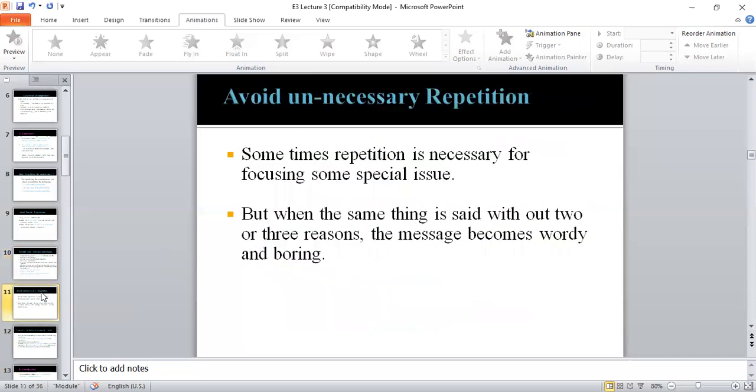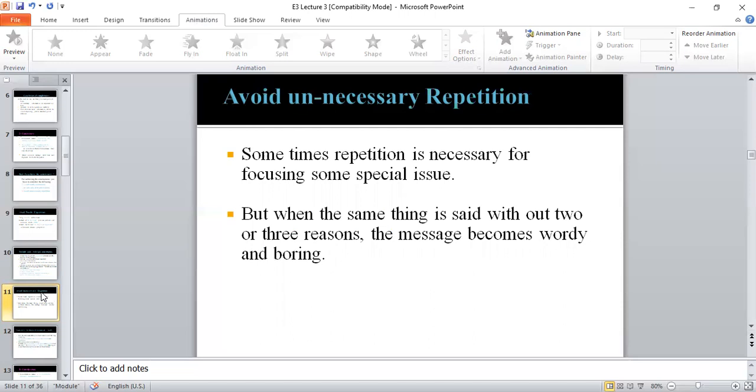And then we have, avoid unnecessary repetition. Sometimes repetition is necessary for focusing on a special purpose or special issues. However, if you use repetition multiple times in your communication, that is going to ruin your impression, your company's impression, and you might have to let your customers go. They might be disappointed and they might say your communication is poor.